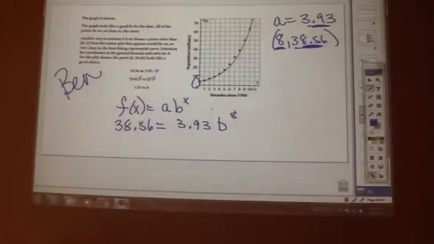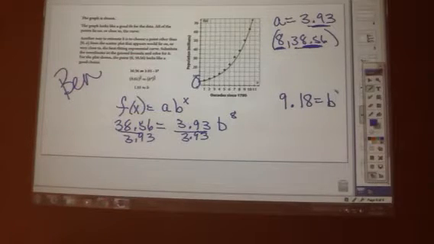Now he solved for B. So I would divide both sides by 3.93. And I would get 9.81 equals B to the x power, to the 8th power.